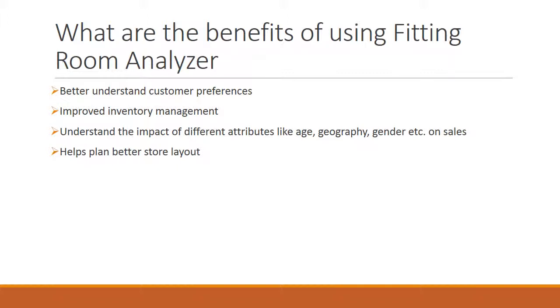The second function is for inventory management. Normally, the manager needs to know the sales condition at the end of each quarter, but it's too late to get this result. At that time, bad is bad, good is good. It's no use to do any improvement.